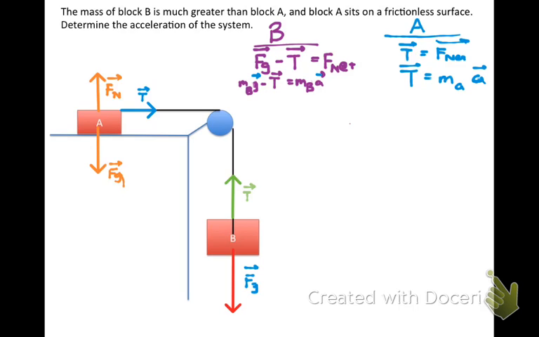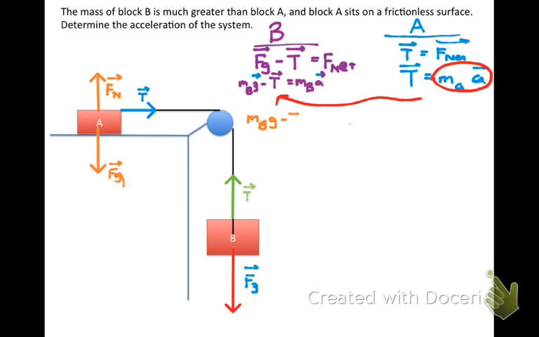So this looks like a system of equations for us. We can take what tension is defined by and plug it in there, and then we get a new equation. Mass of block B times G minus tension.